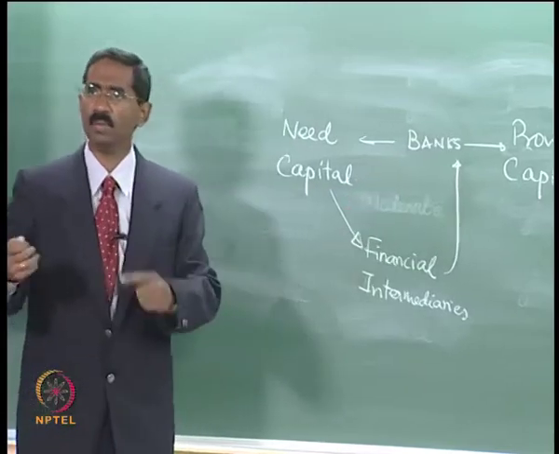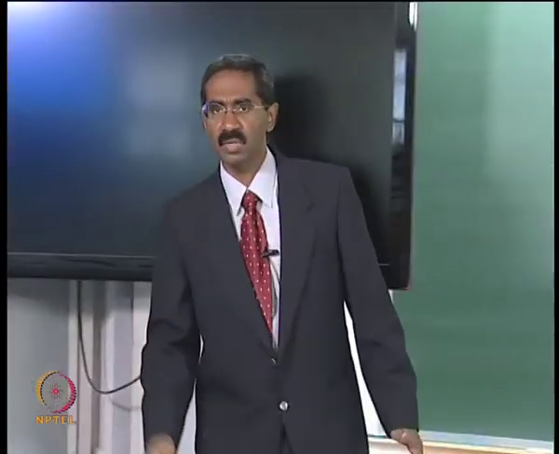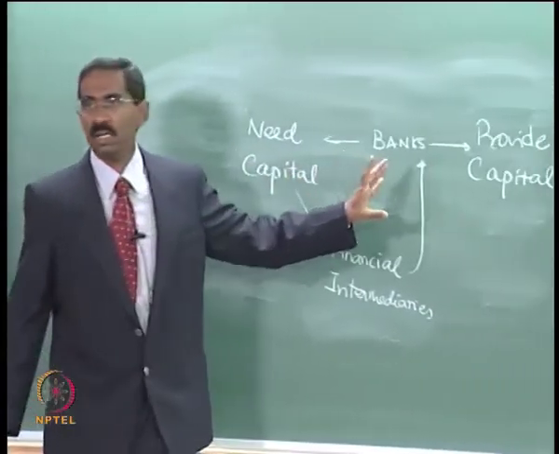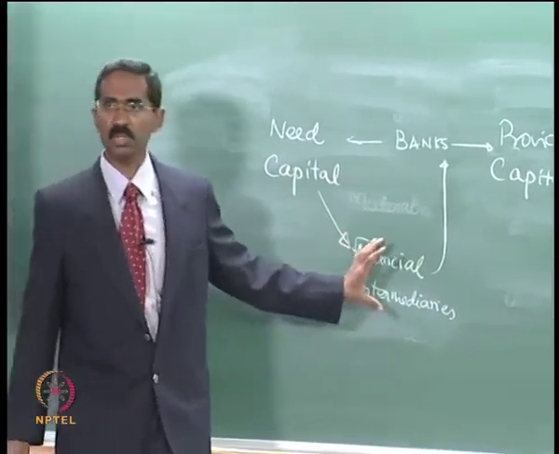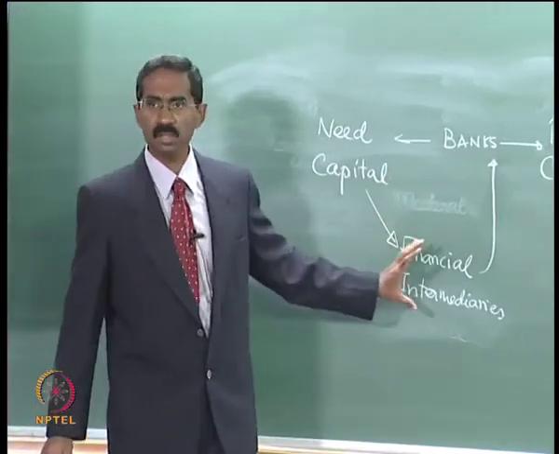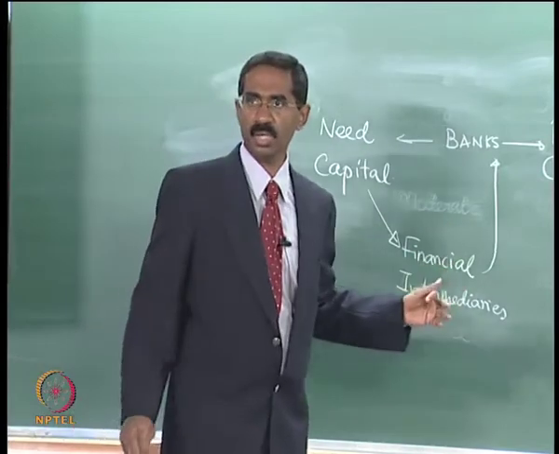So here we are talking about financial intermediation of the next level. Bank itself is a financial intermediary, but between the bank and the borrower there is yet another service provider who actually helps to raise capital for the borrower. So this is the next stage of financial intermediation.